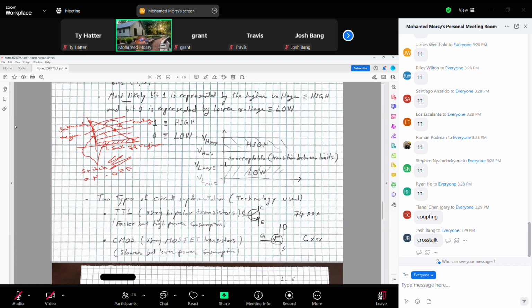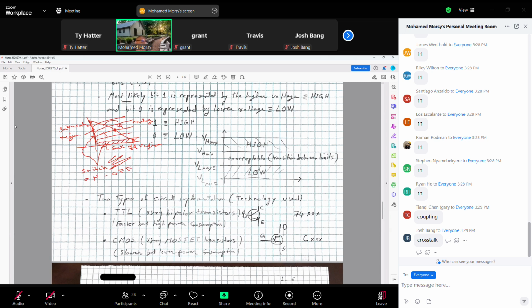But in analog system, the operating point of the transistor lies in this active region. This is the difference between how the transistor works in analog system and how it works in digital system. It's actually based on the biasing, as I mentioned.